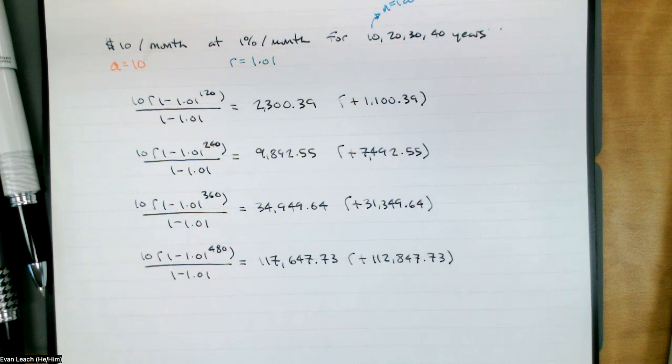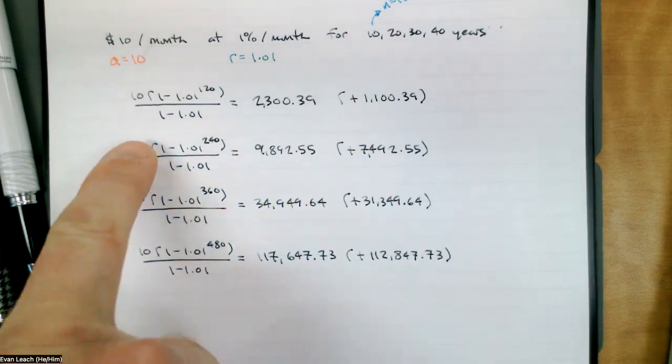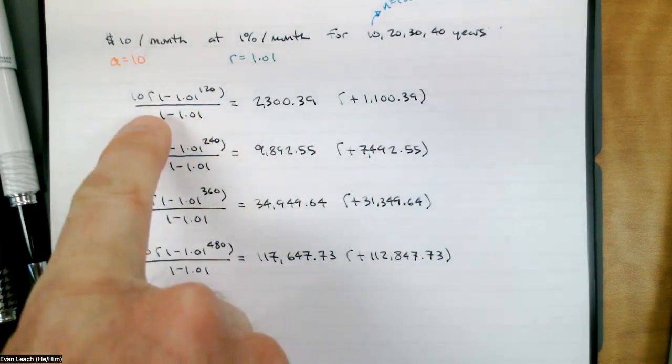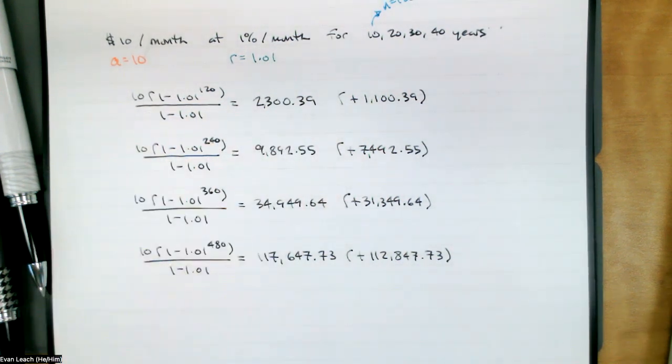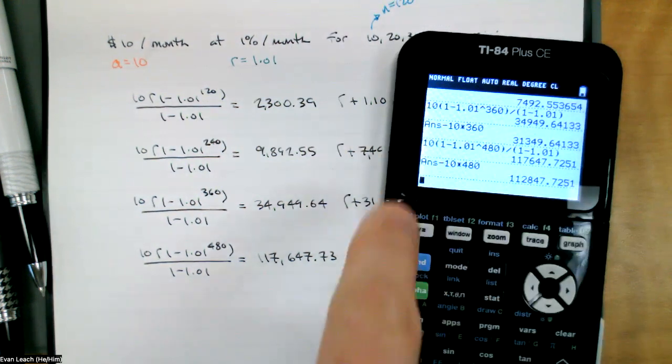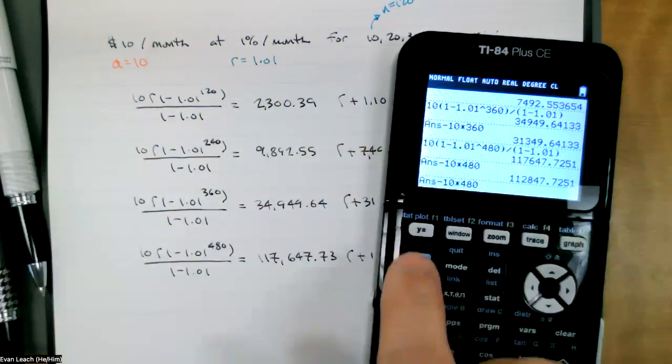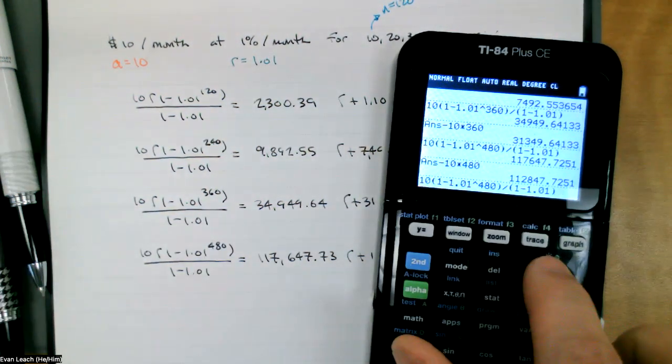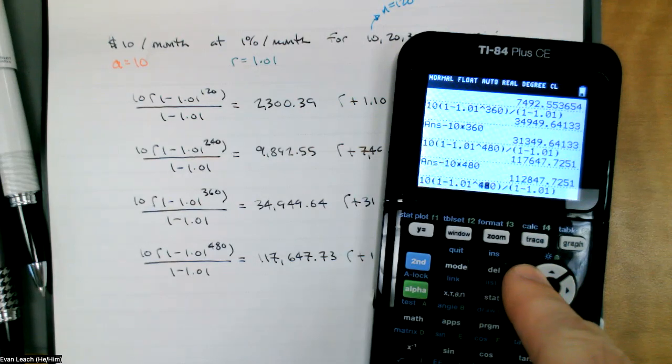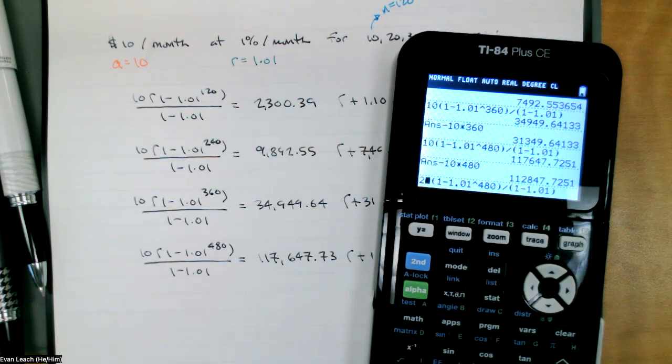And at some point, hopefully in the future, you'll be making more money than you are in your 20s. And so you would only do this $10 for like 10 years and then switch this 10 up to something larger. Notice that the amount that's being put in is just a factor on this whole thing. So if you double that amount, if I change that 10 to a 20, that just doubles the entire amount.